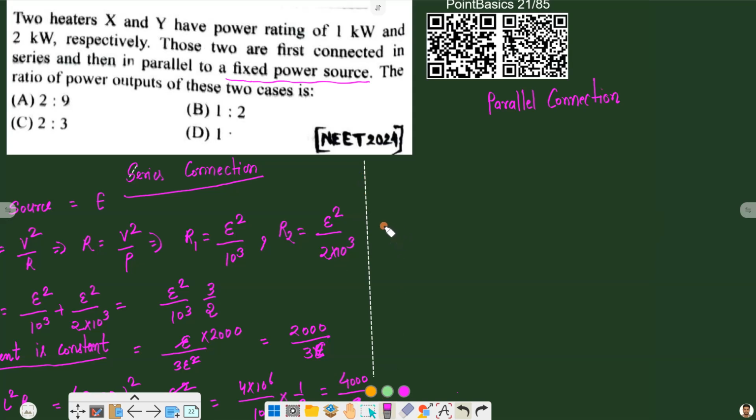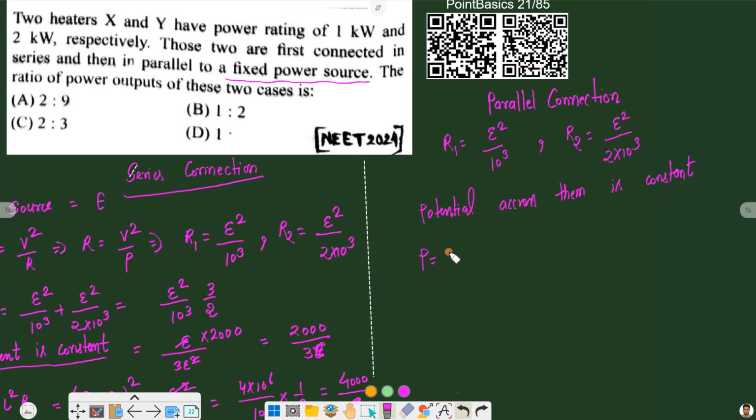Now in the case of the parallel combination, both of these resistances, R1, that is E square by 10 raised to power 3, and R2, E square by 2 into 10 raised to power 3, are in parallel. So the potential across them is constant. If the potential across them is constant, it means we have to use a power formula which includes potential.